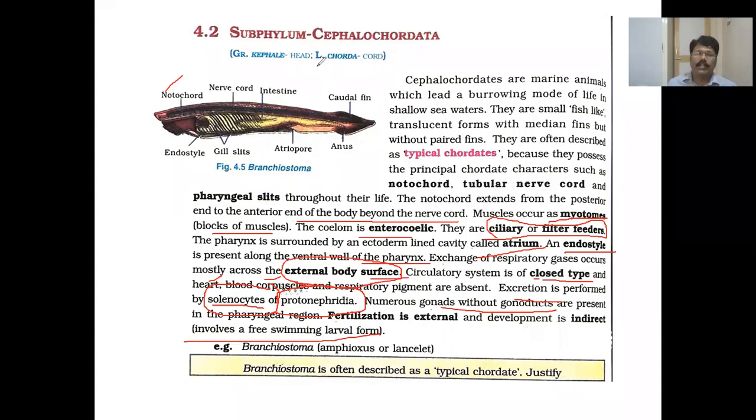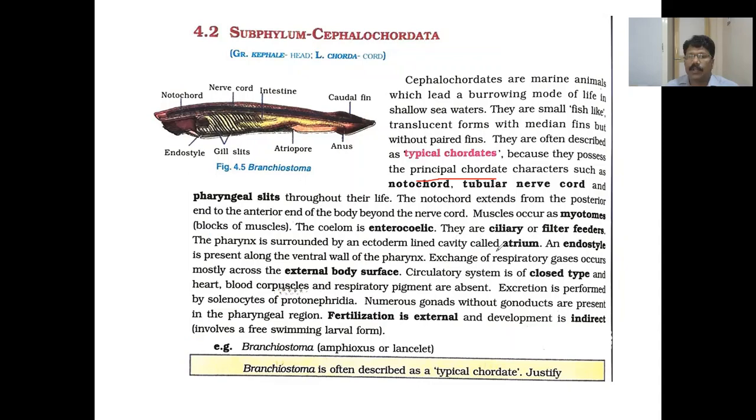So what are the important characters in case of these cephalochordates? Cephalochordates includes the Branchiostoma or the amphioxus. These are known as the typical chordates because all the important characters of the chordates, that is the notochord, the tubular nerve cord, the pharyngeal slits, are present throughout the life.